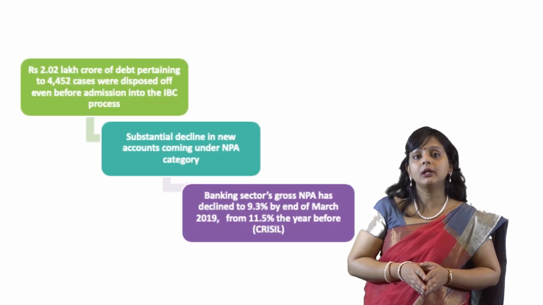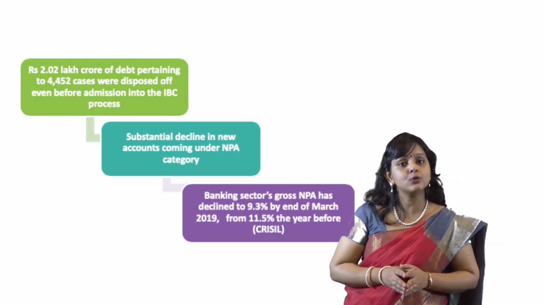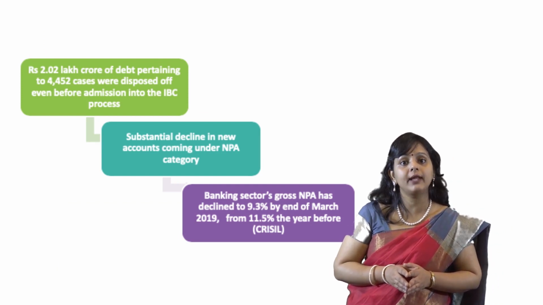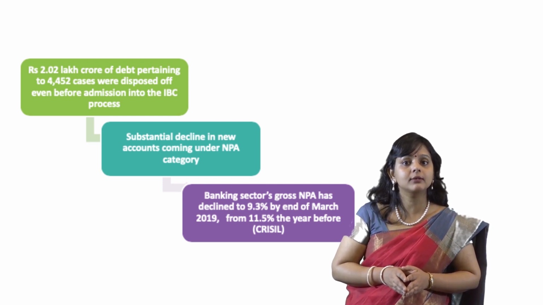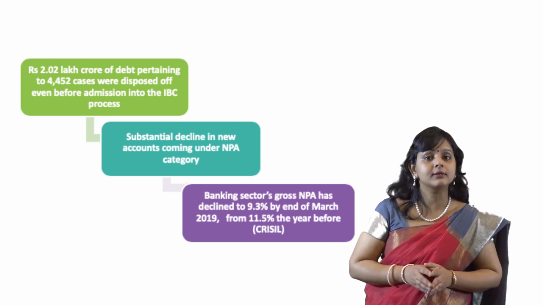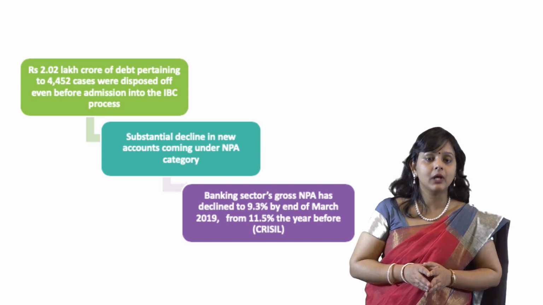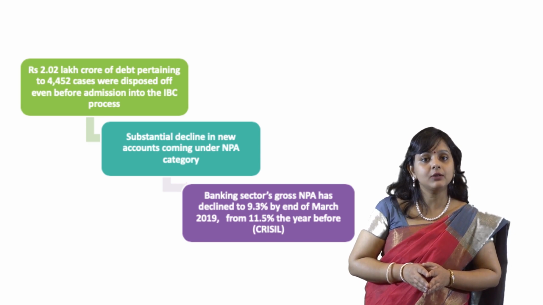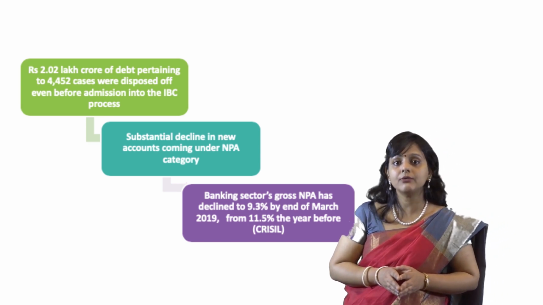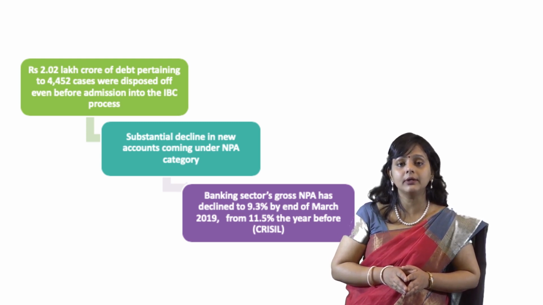As per a report available on the IBBI's website, almost Rs 2.02 lakhs to 3 crores of debt pertaining to 4,452 cases were disposed of even before admission into the IBC process, as the borrowers paid the amounts in default to the creditors. The problem of escalating NPAs of the banking sector has also been addressed by this code. There has been a substantial decline in new accounts coming under the NPA category.